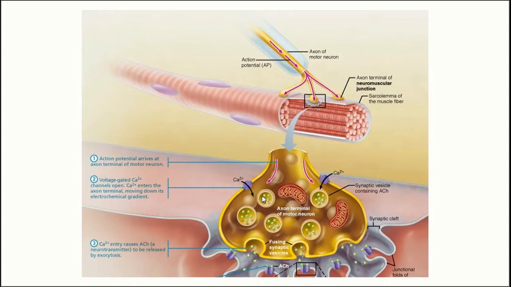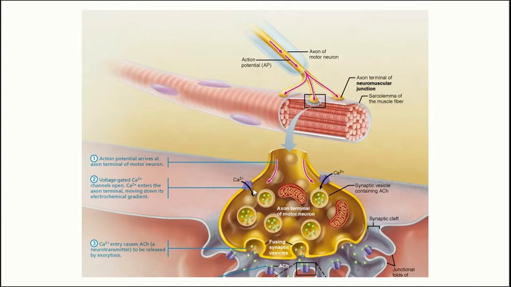So here calcium is causing the synaptic vesicles to release their neurotransmitter by exocytosis into the synaptic cleft. Recall that the synaptic vesicles, which contain acetylcholine, are essentially stationed within the axon terminal waiting for the stimulus to release them.